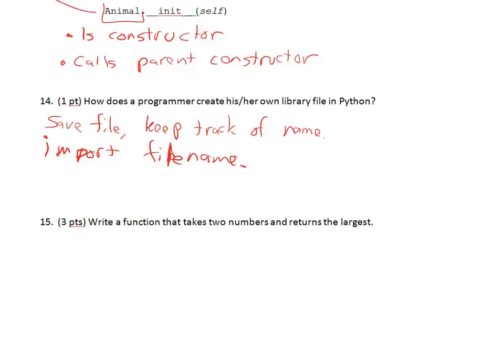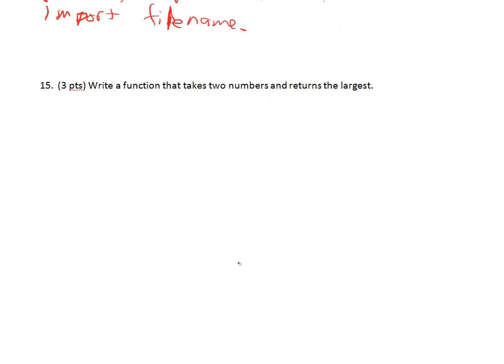Something like that. Write a function that takes two numbers and returns the largest. Okay, so in order to do that, I just need to def f takes in two numbers, a, b, returns the largest.